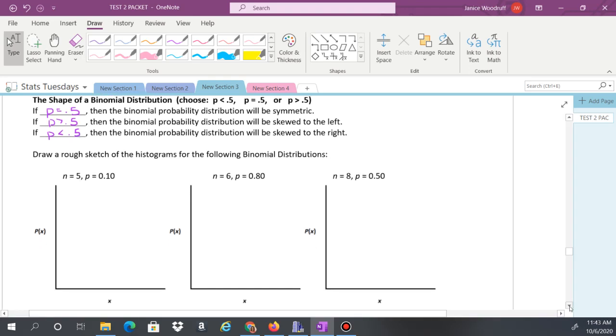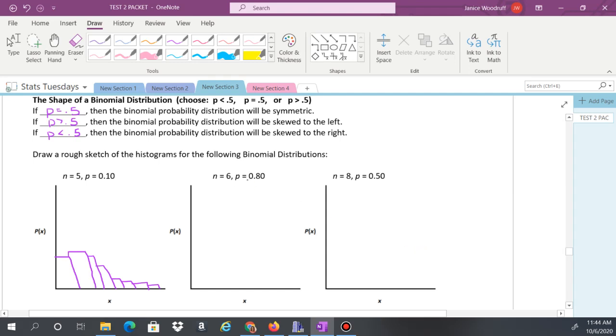So what that looks like here roughly is this. This is a probability that is less than 0.5. So we are skewed right, which means you have more probability on this side, and then it just kind of flattens out as you go to the right, something like that.